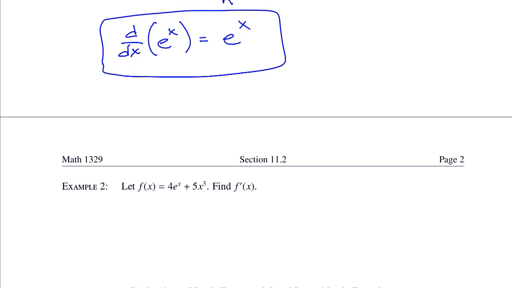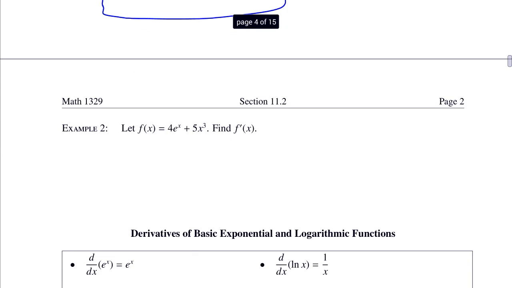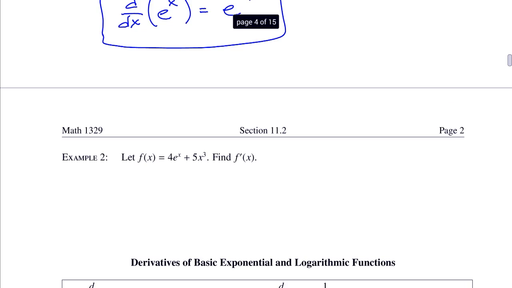Example number 2. f of x is equal to 4 e to the x plus 5x cubed. What is the derivative? So we have 4 e to the x. All the other rules that we know apply, like the constant multiple rule and the sum rule.